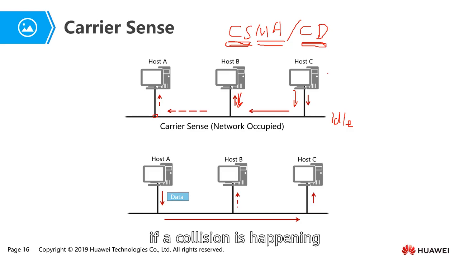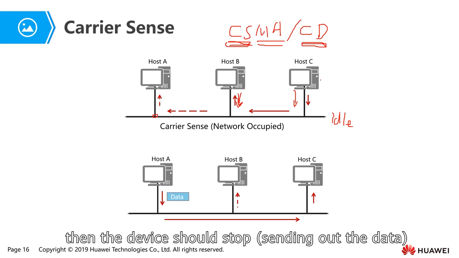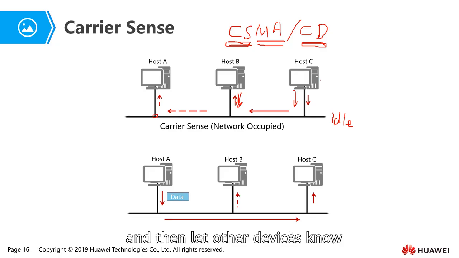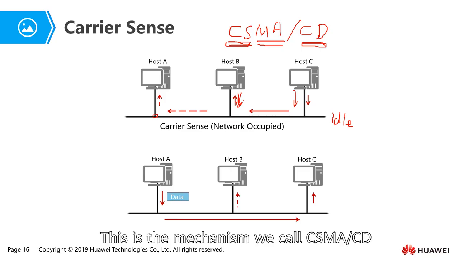If a collision happens, the device should stop sending and make the other device know the collision happened. Then both devices will hold back, wait a random time, and begin sending again. Of course, with carrier sense, if it's idle, then they begin sending again.